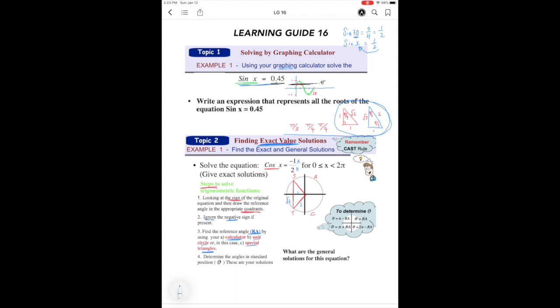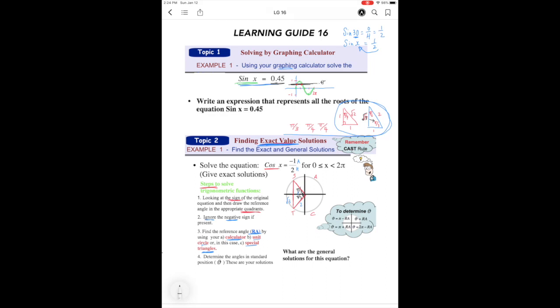It doesn't matter whether I use the top or the bottom triangle; you just need to label one because it's going to have the same reference angle. Looking up here, I see root 3, and if I go straight across, I know this is pi over 3. So both of these reference angles are pi over 3.